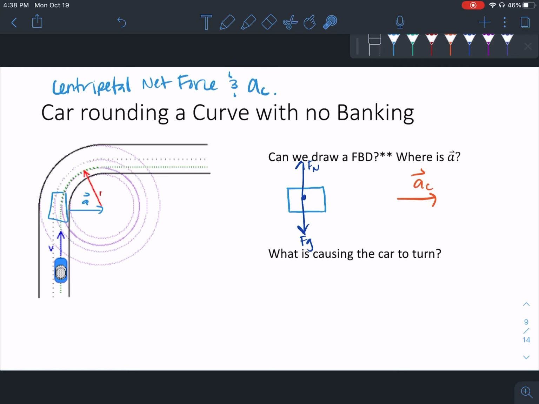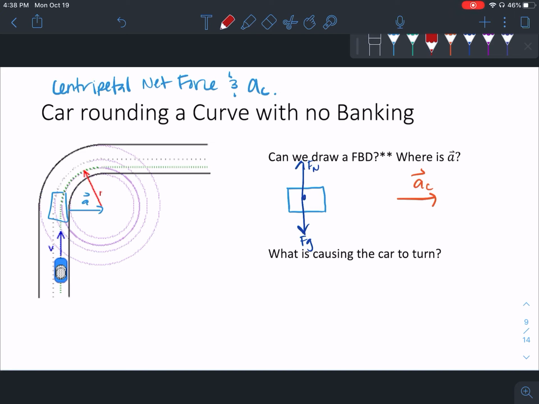If we think back to what makes wheels roll, we know that there has to be friction. That's what makes a car turn. Force normal is always going up and force gravity is always going down. We can't make either of those point inward, but we know that there has to be friction in here.